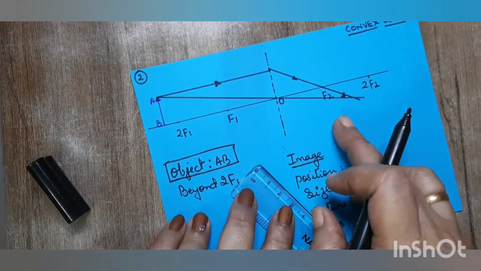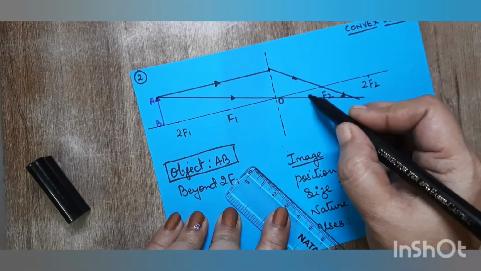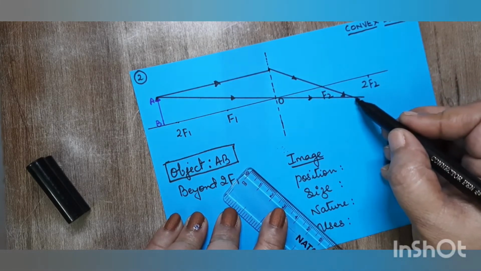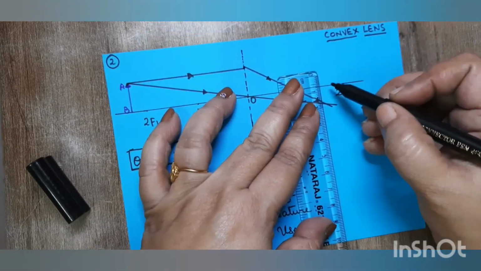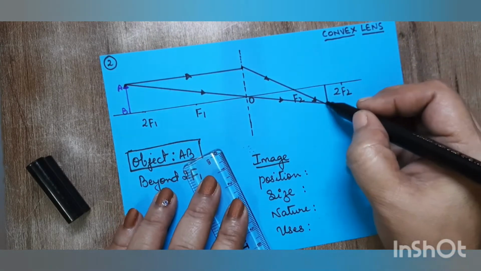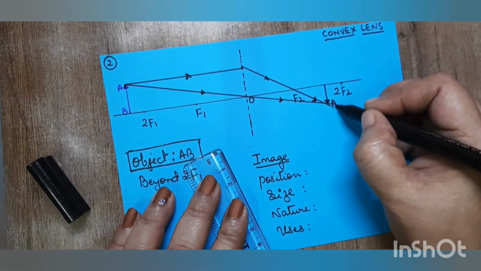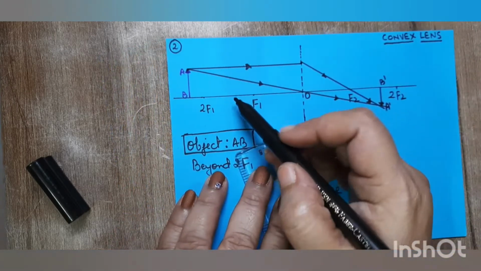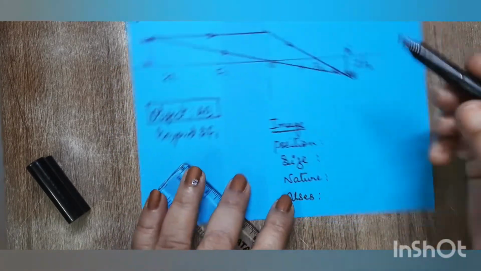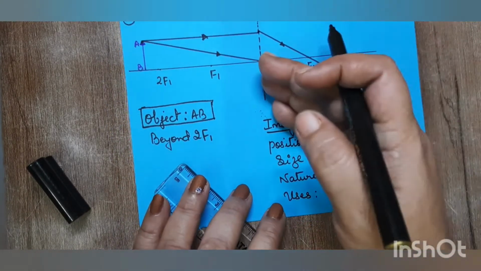Look, it will travel undeviated this way. Where these two rays meet, there the image is formed. We can name this A dash, B dash. Here I have shown the arrowhead on the top, so it is inverted because it is on the other side.